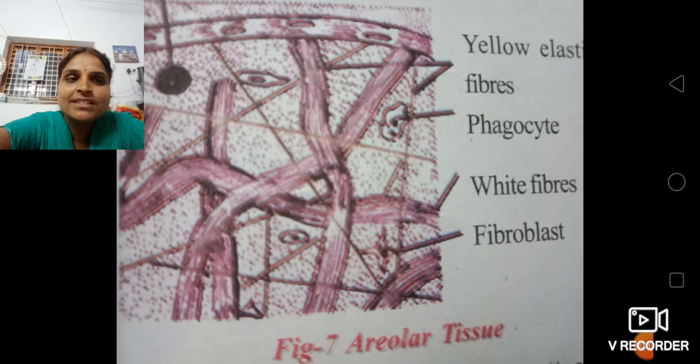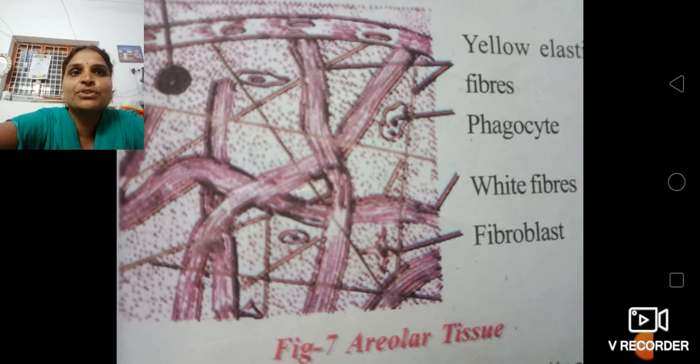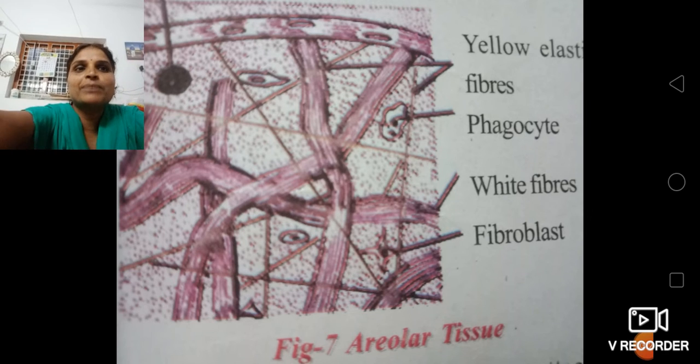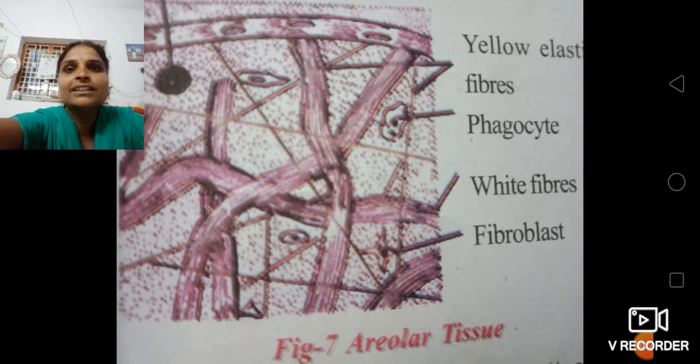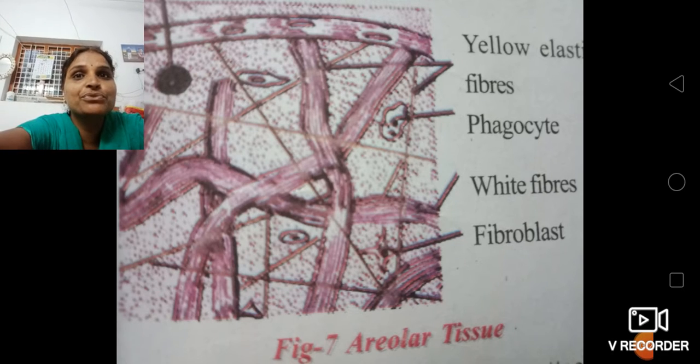The fibroblasts also secrete fibers in the areolar tissue. The fibroblasts are the major components in this type of connective tissue.